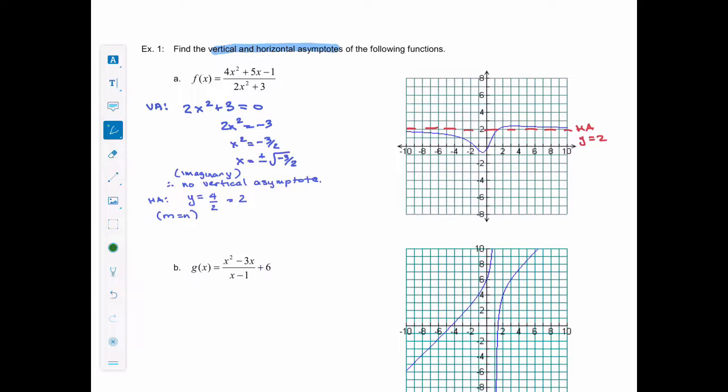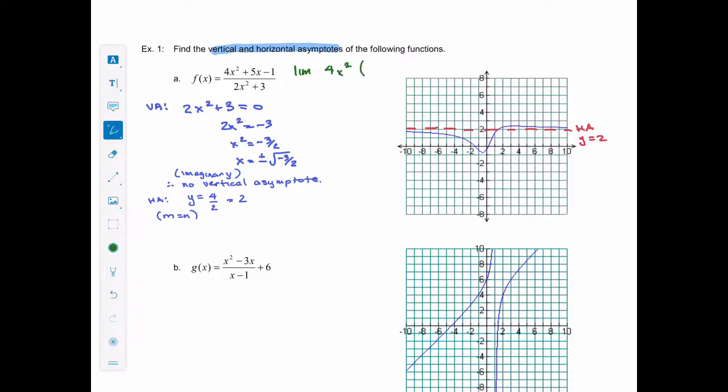What I'm going to do is take the limit of the function. I'm going to factor out the a term, so in this case my a term would be my 4x squared.